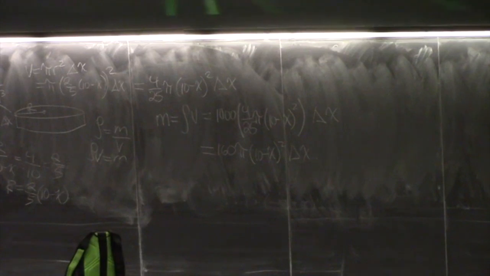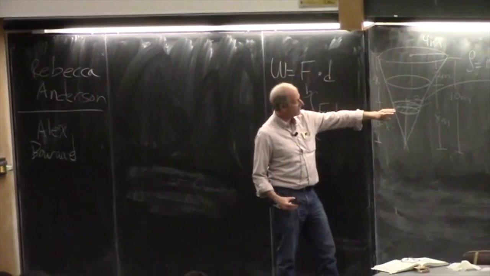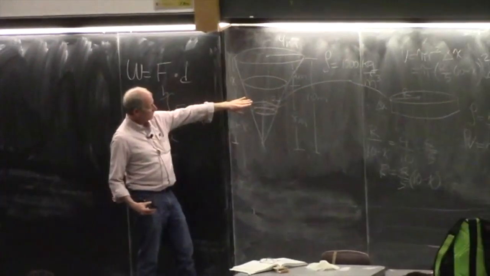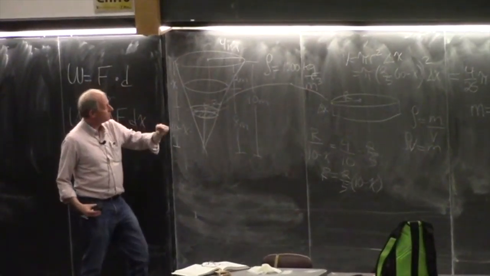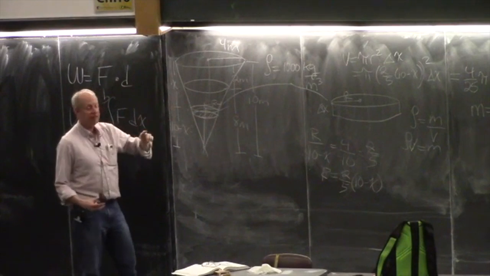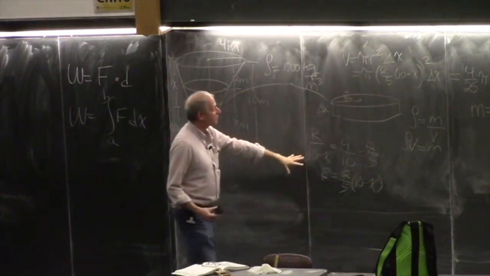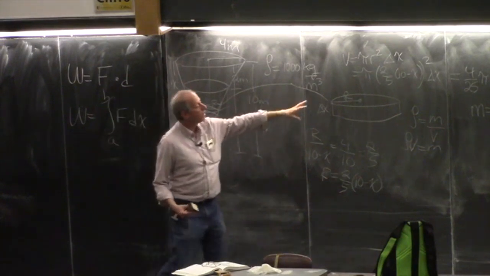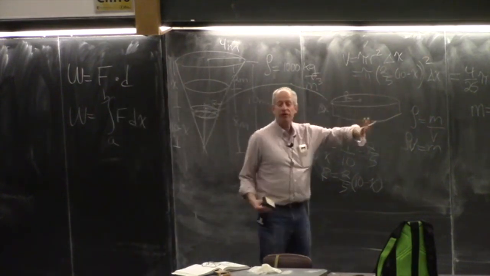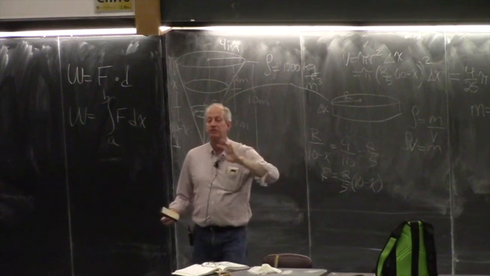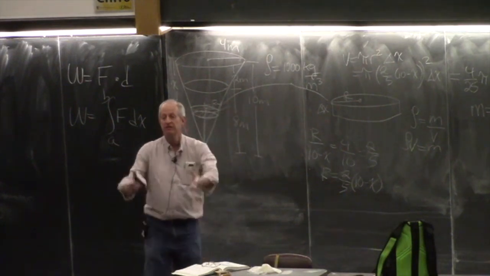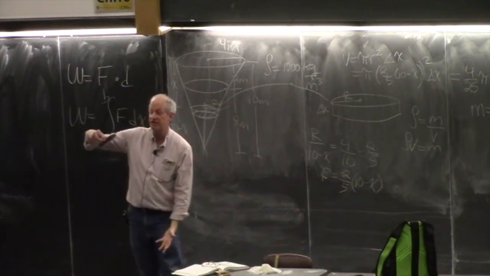So again, first we say, look, I have to lift this thing. What is this thing? It's a thin disk of water. The water is delta x thin. It's got pi r squared in area, so the volume is pi r squared delta x. I find r from similar triangles and plug it in. Now to lift it, the force is mass times gravity, mg, because that's, as you all love physics, how much it takes to lift something.